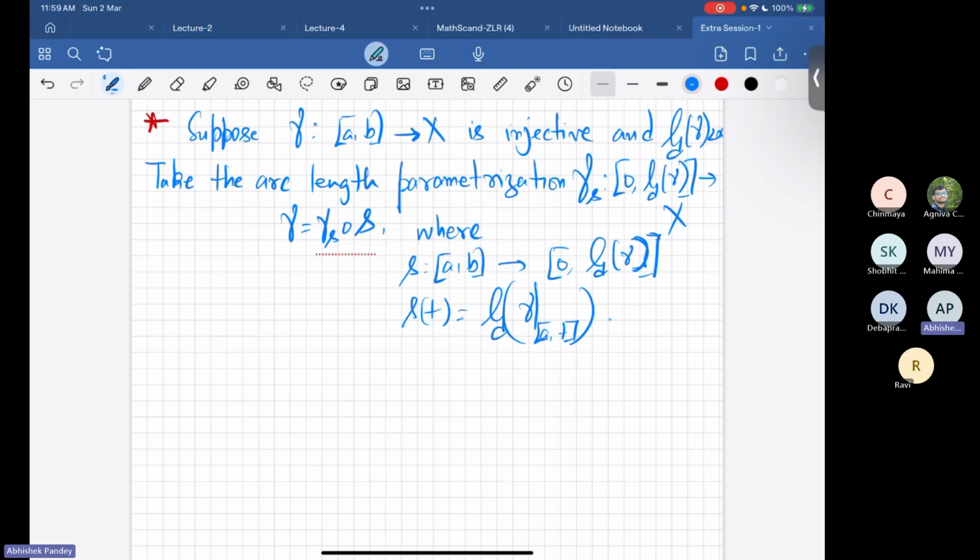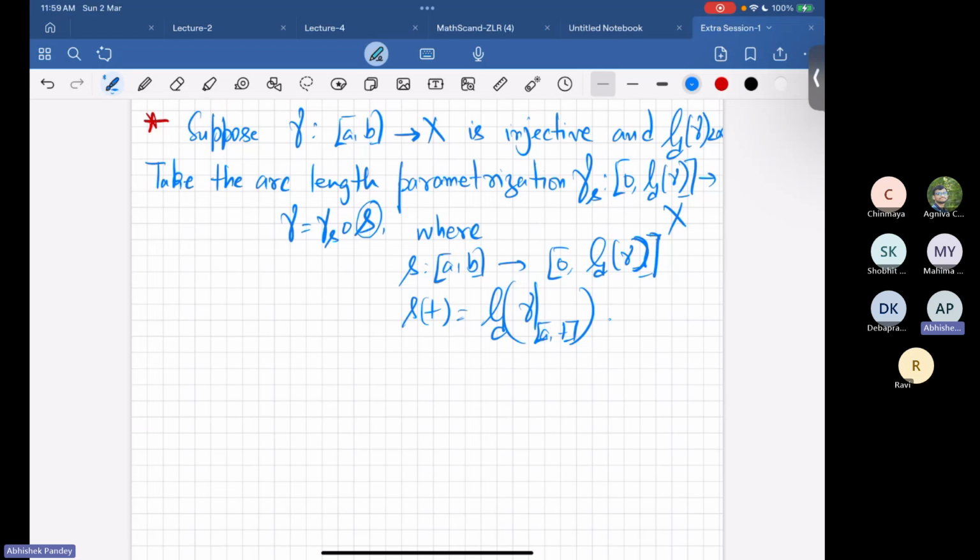Recall that small s is always increasing. Yes, it should be injective, then, gamma_s. Because gamma is injective, this s will be strictly increasing, isn't it?